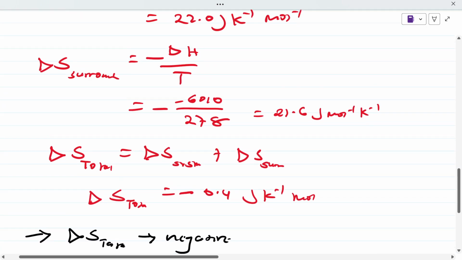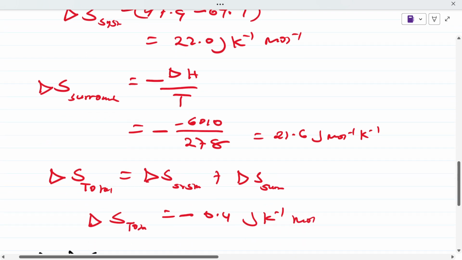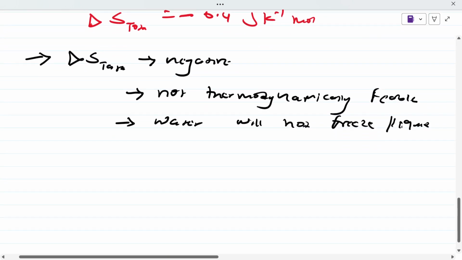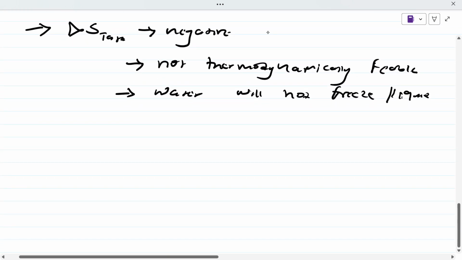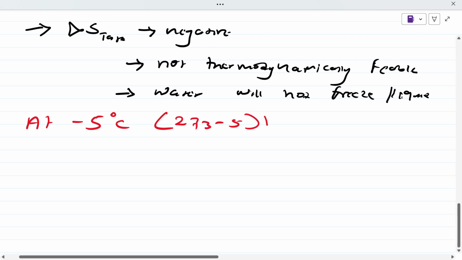If you look at our calculation very well, we want to follow the same calculation, but now we want to see what is going to happen at a temperature of negative 5. So, at negative 5 degrees Celsius, we are going to take Kelvin 273 minus 5.